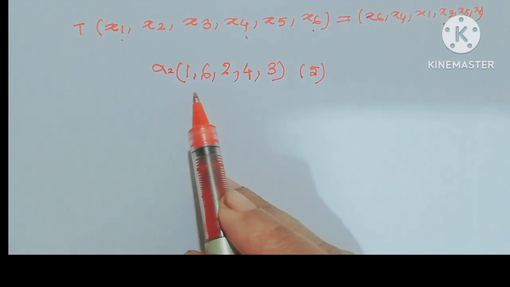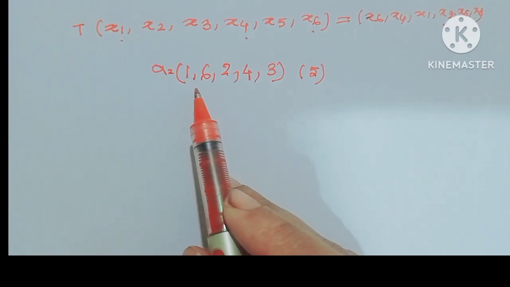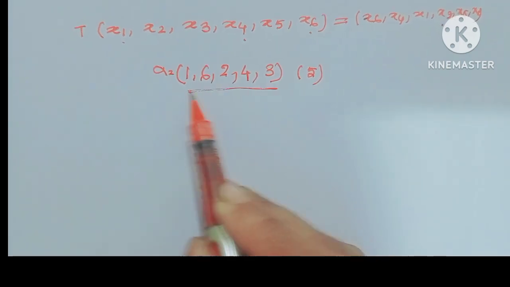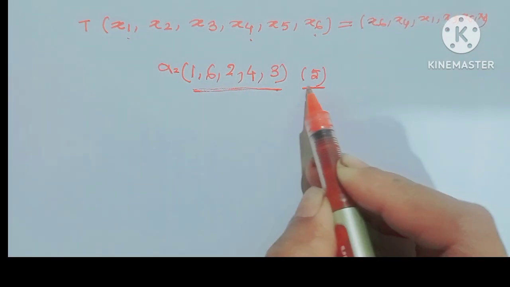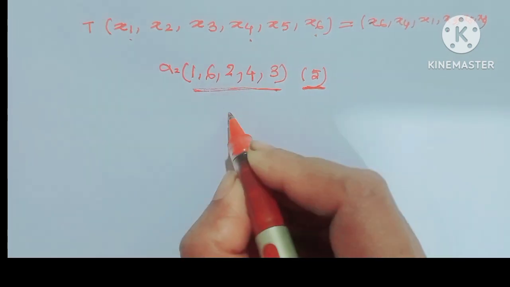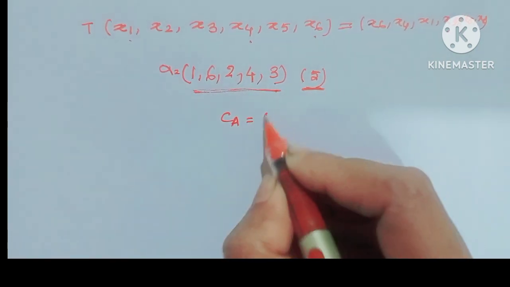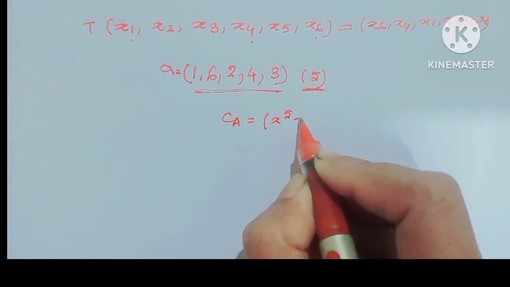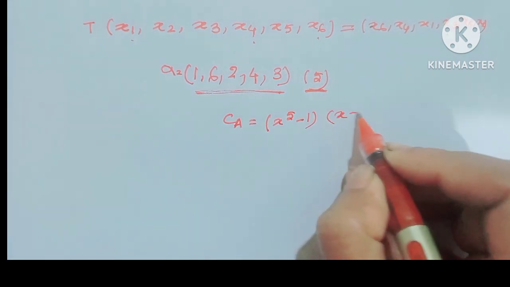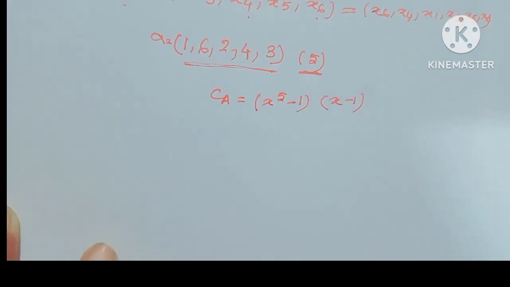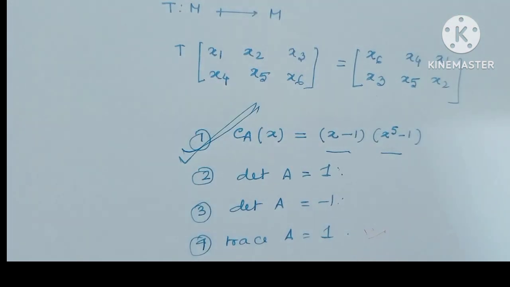This is the sigma, and since here there is one 5-length cycle and one 1-length cycle, the characteristic polynomial would be x to the power 5 minus 1 times x minus 1. So option 1 is a right option.